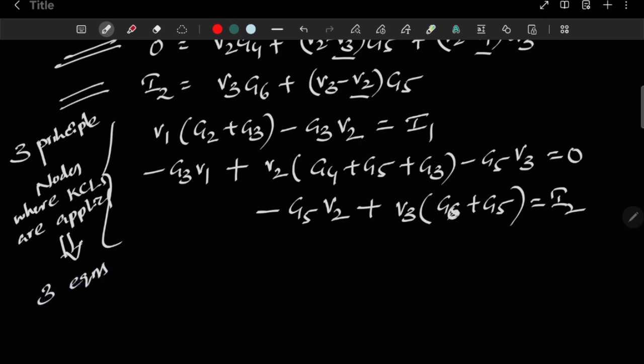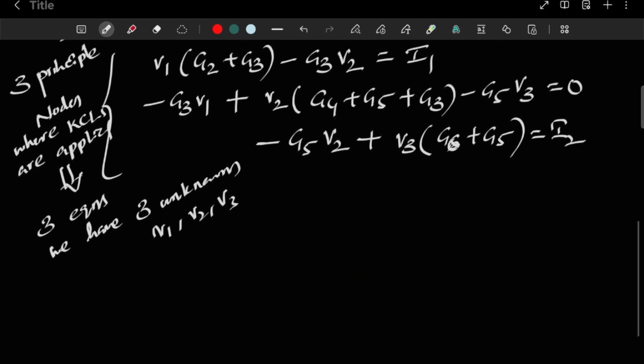And we have three unknowns: V1, V2, V3. As we have three equations, we are able to solve them for V1, V2, V3. So it is possible.